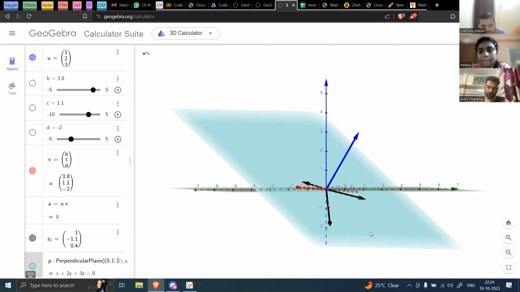Now that we have understood this and related it to the previous problem, we can move on to the next problem, question number 5.